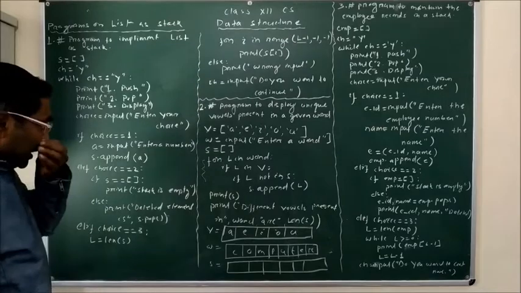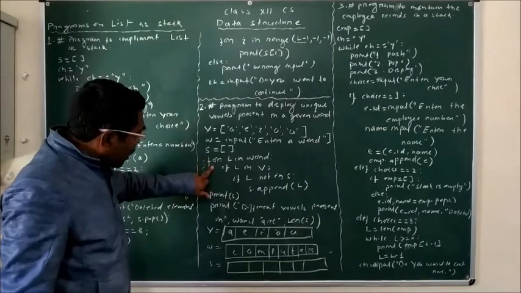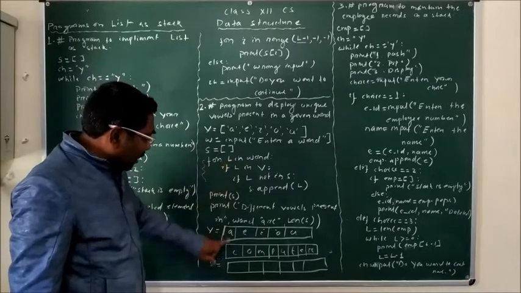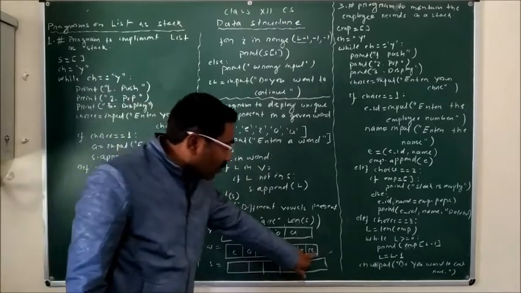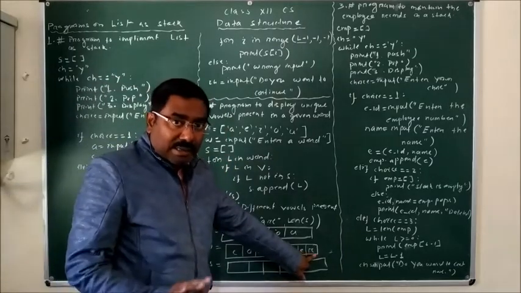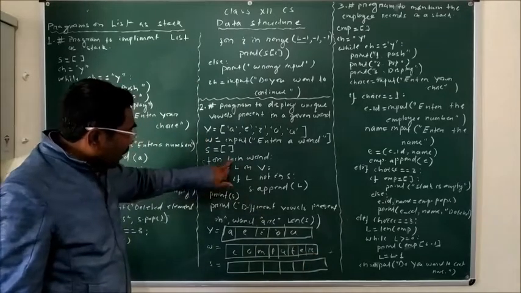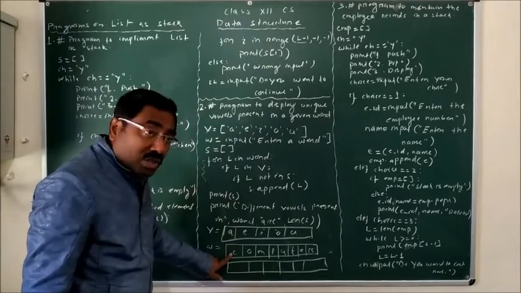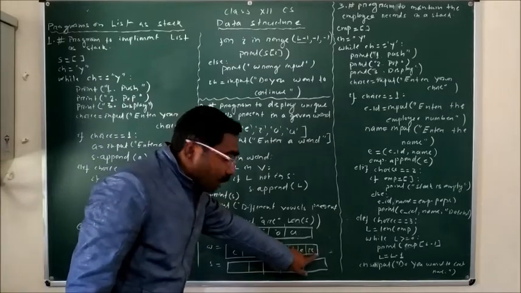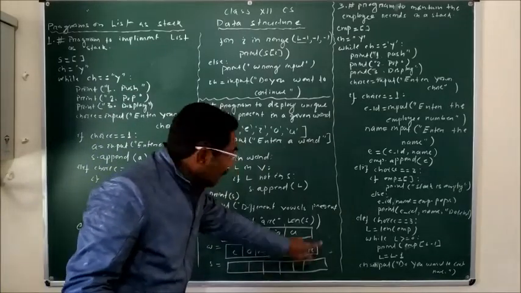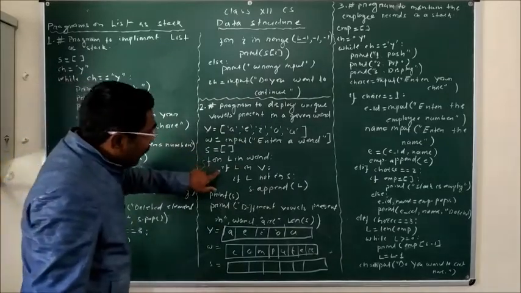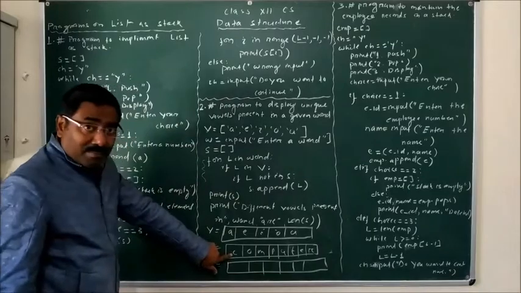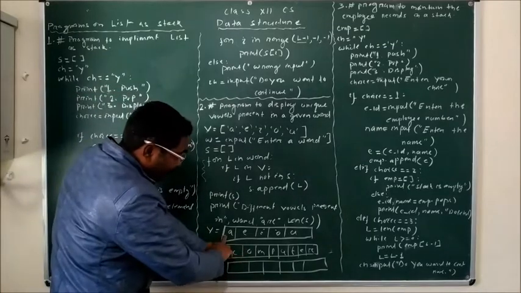Clear? Now, for L in word, that means L will start from C and traverse up to R. Now, here, if L in V: first L is C. Now it will check whether L is in V or not.